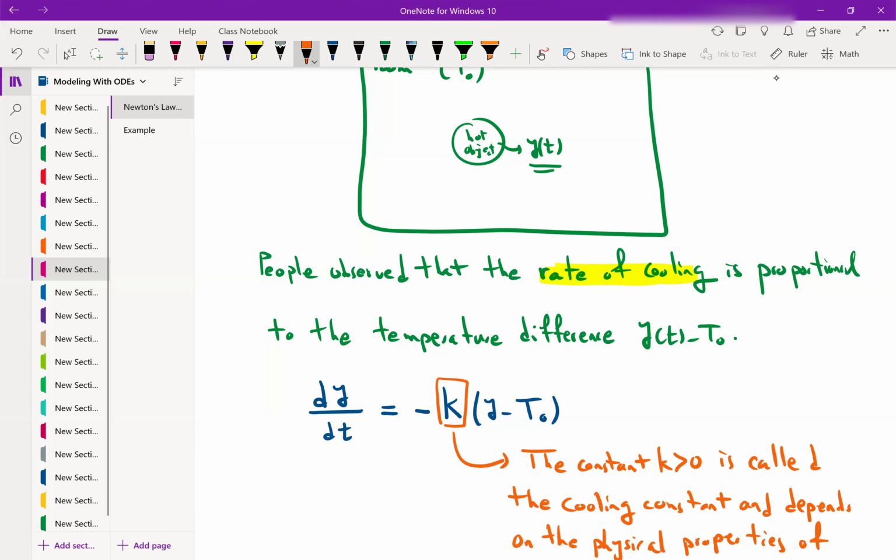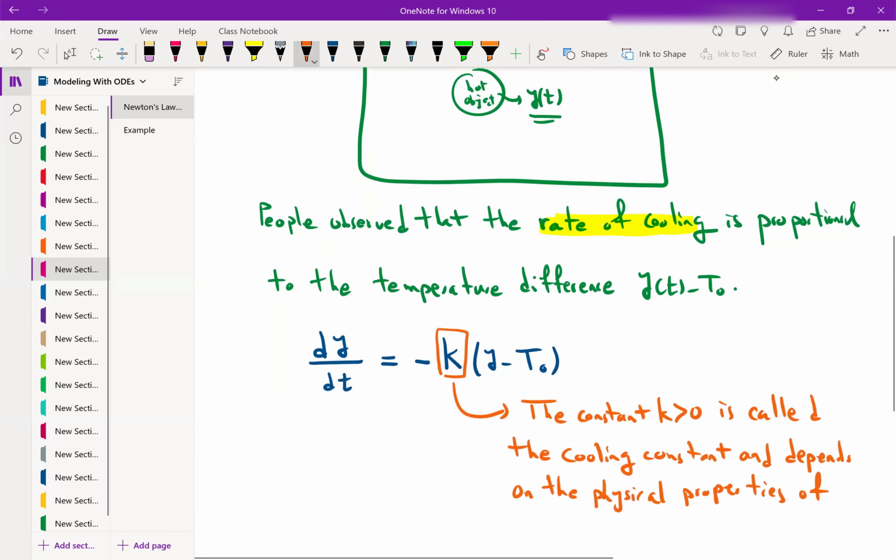What about the units for this k? It's 1 over time. Units of k: 1 over time.